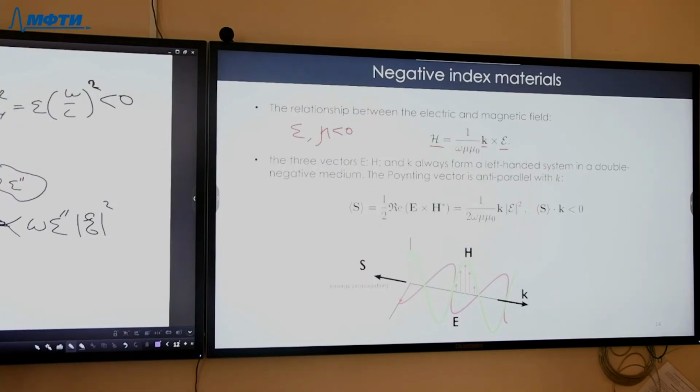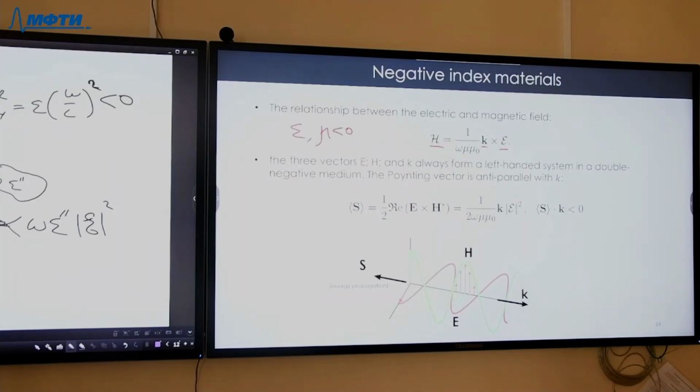And now a very interesting property appears if we calculate the Poynting vector of this wave. Using the same formula, real part of E times H conjugated, we plug in the H from the above expression, and we see a very interesting result. It turns out that the energy propagation and the phase propagation are anti-parallel in a plane wave that propagates across a double negative medium.